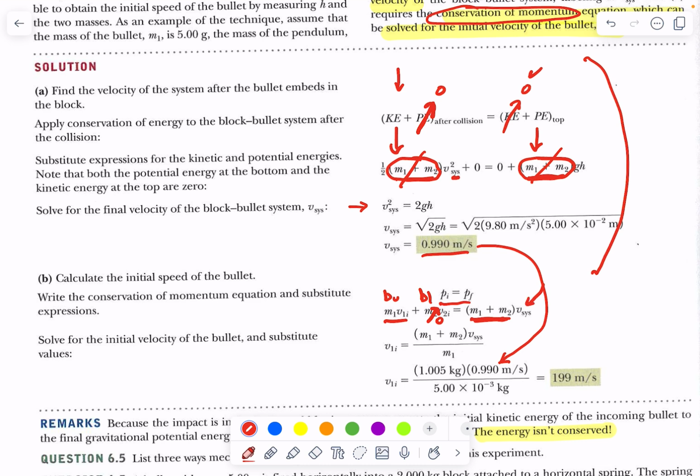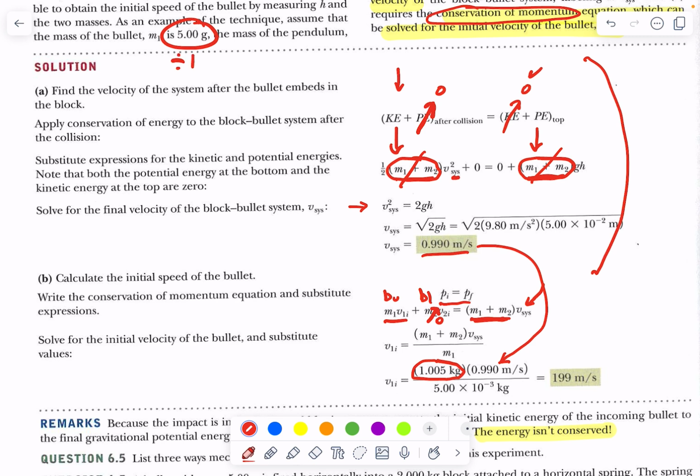So when we go to plug our numbers in, we have our combined mass. And make sure you remember that if your bullet is given to you in grams, which it was, and the block might have been given to you in kilograms, you need to be consistent. So make sure you convert the grams into kilograms by dividing by 1,000.